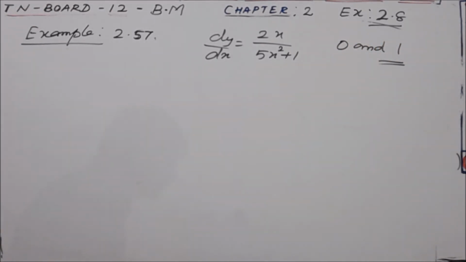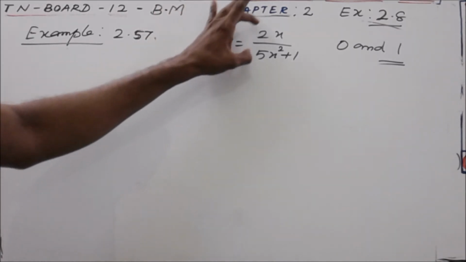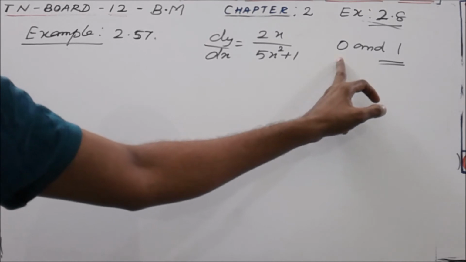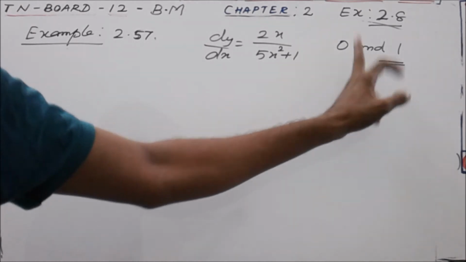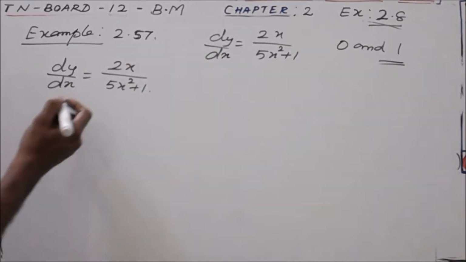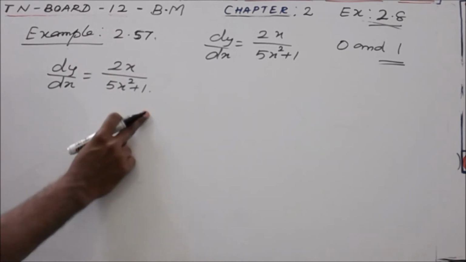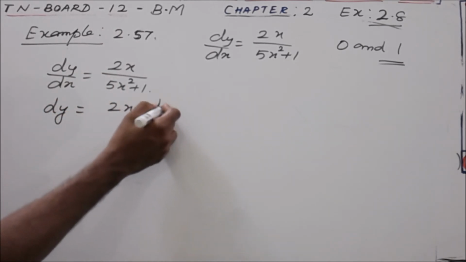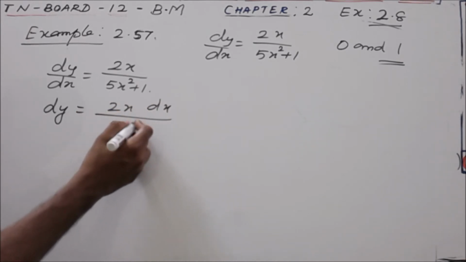Find the integration for dy by dx is equal to 2x by 5x square plus 1 with limit values 0 and 1 given. Here given dy by dx is equal to 2x by 5x square plus 1. Cross multiply: dy equal to 2x dx by 5x square plus 1.